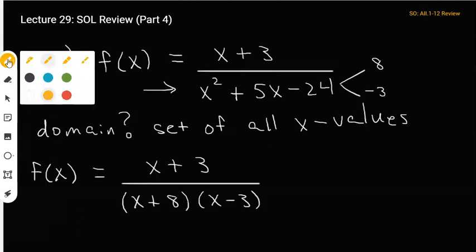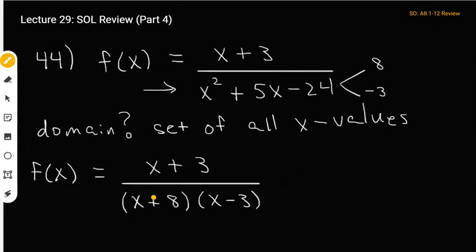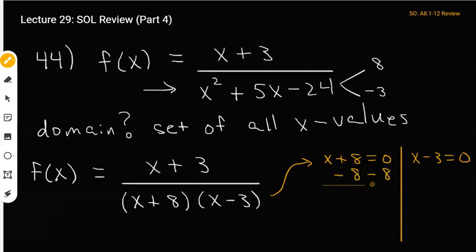Now, I can't let the denominator be 0. So I need to set both of these factors equal to 0. So x plus 8 is equal to 0, and x minus 3 is equal to 0. Now solving them both for x, I need to subtract 8 on both sides.